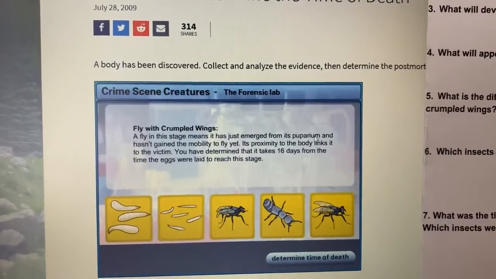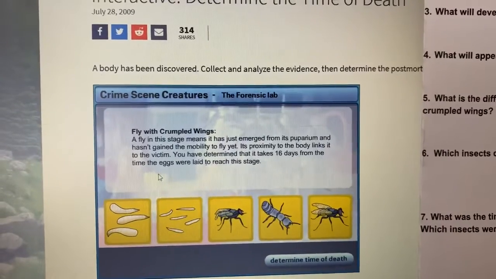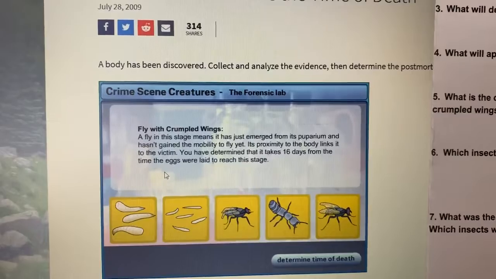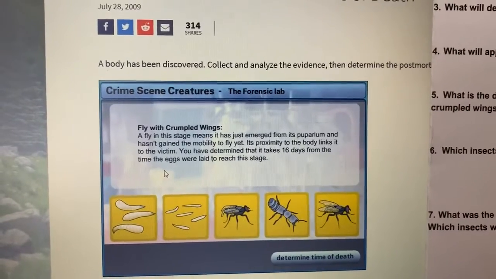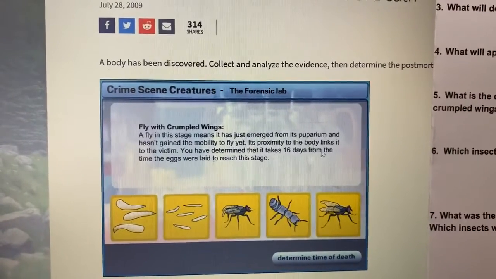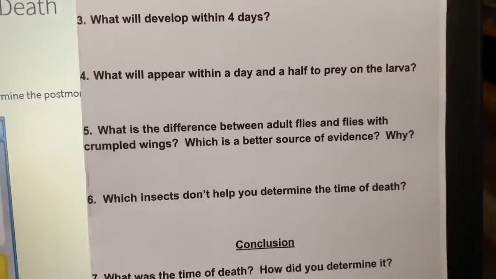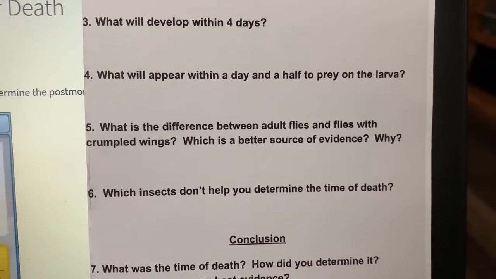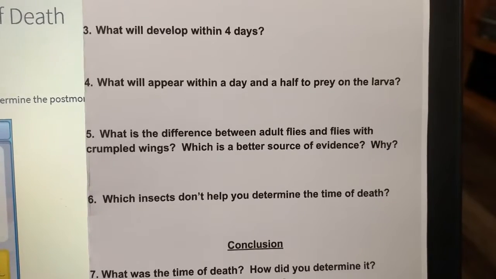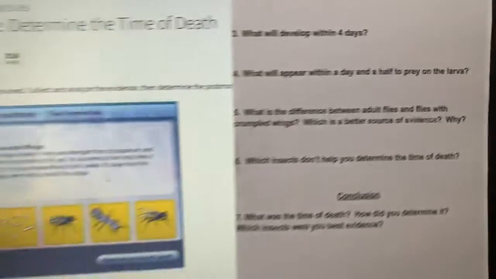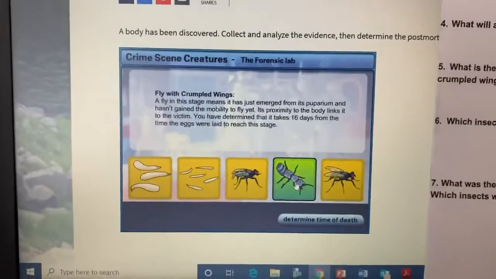If it's just hatched, then it had to have been on the body, eating and growing, to then go into a pupa stage and then hatch. So it gives you way more information. A fly with crumpled wings gives me a much better approximation of time of death. So that's how you answer that: the adult fly with crumpled wings would be a much bigger piece of evidence. Okay, getting close.